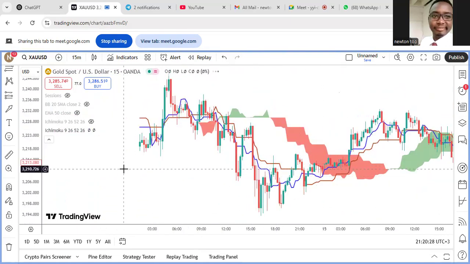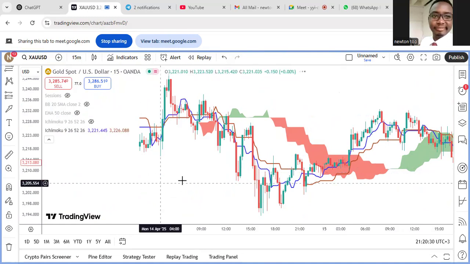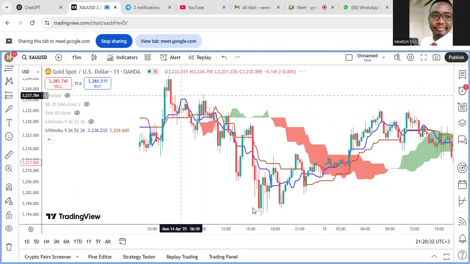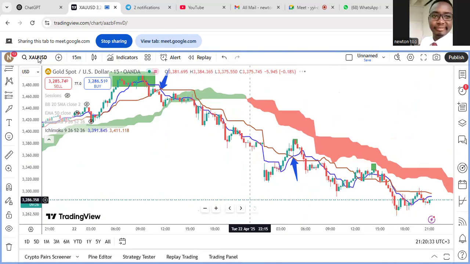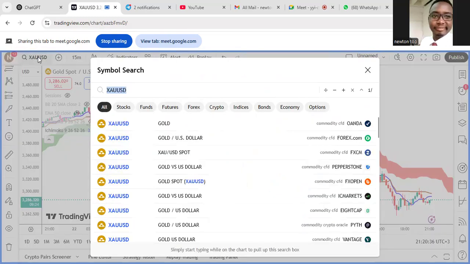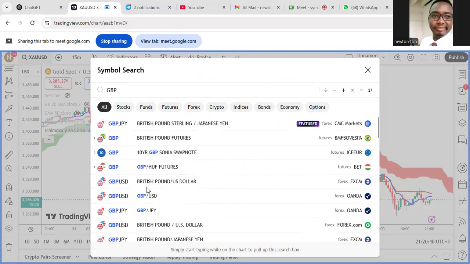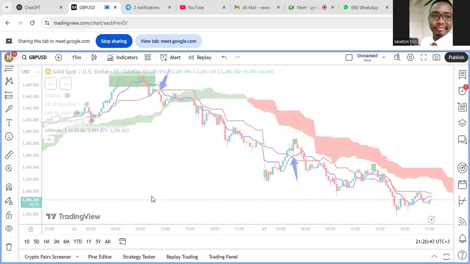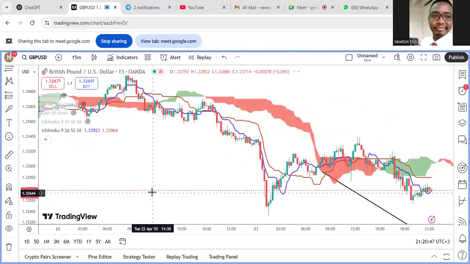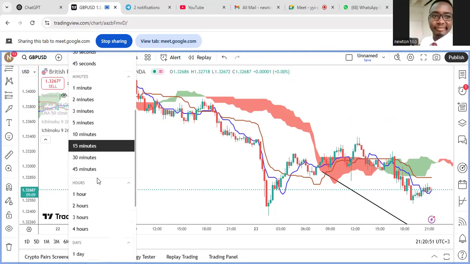Yeah, kuna time market ina behave vibaya on a consolidation market. Kama hapa market ina consolidate. Maybe I can check GPPSD. Tuangalie higher time frame.